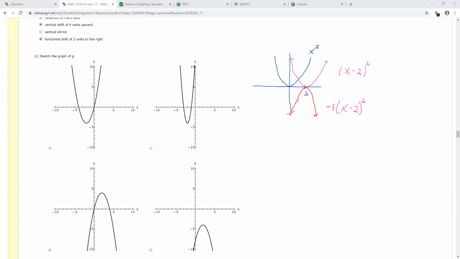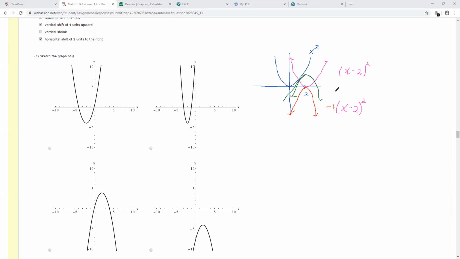So now I'll take this red graph and move it up 4 units. I know maybe I don't have a very good picture here.